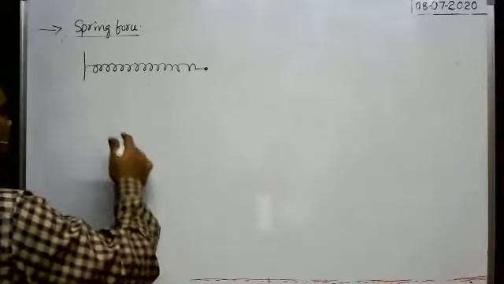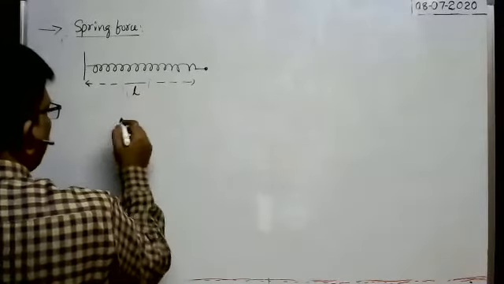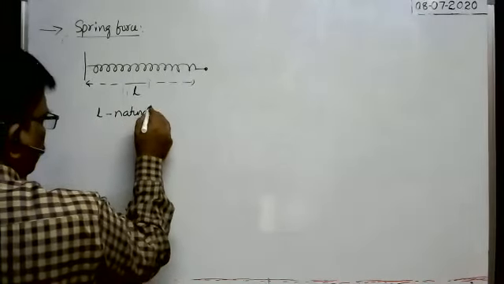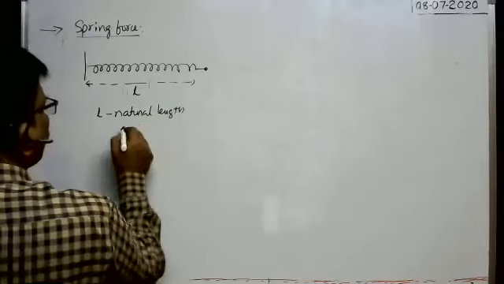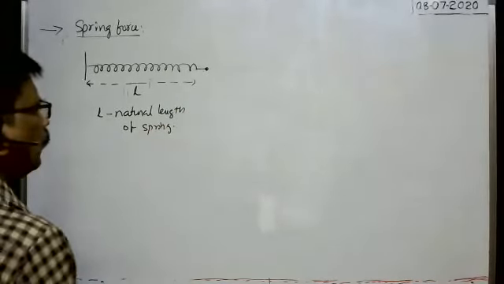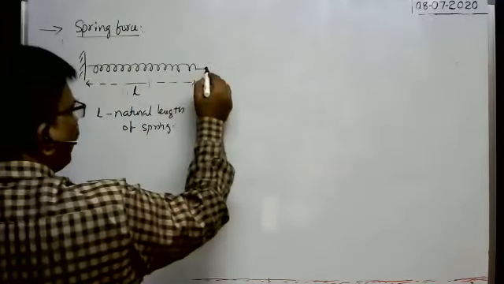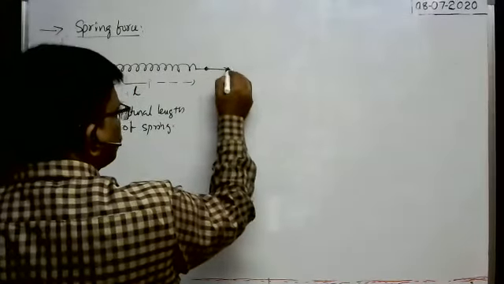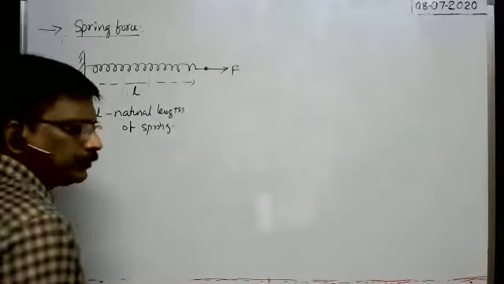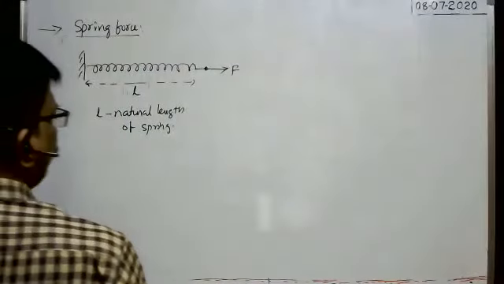This is the natural length L of the spring. Now, one end of the spring is fixed to a rigid support and the other end is pulled in this direction with a force, say F.